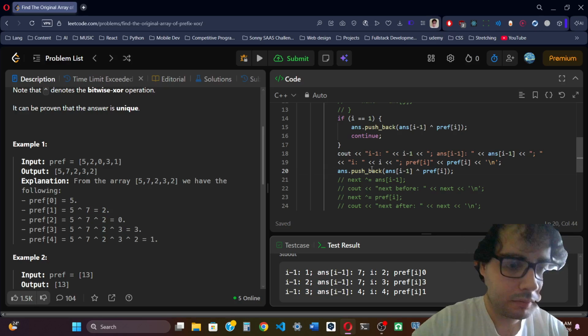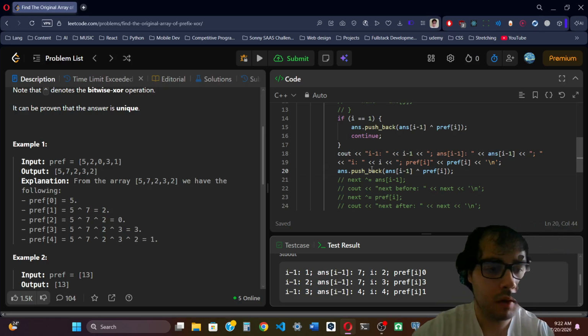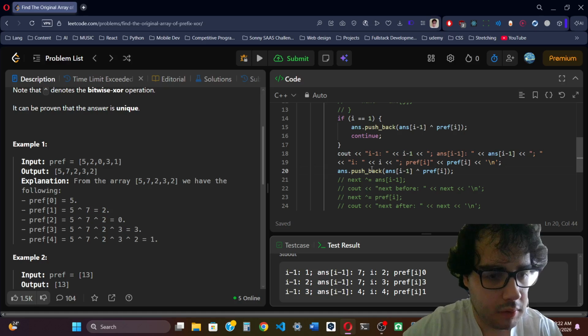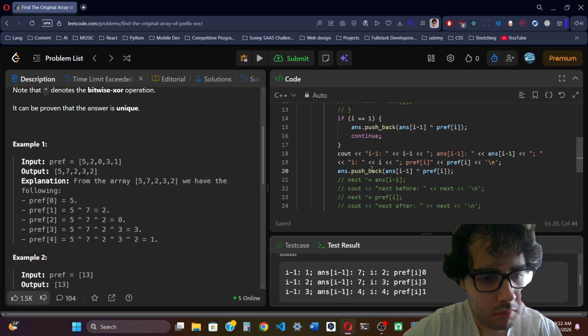Hold up, G. So 5 XOR 7 is 2, of course. Then something XOR. So it's basically which number XOR that's gonna be 0.